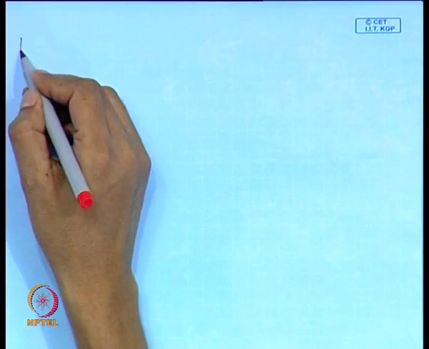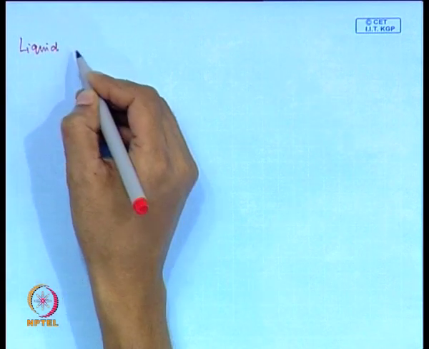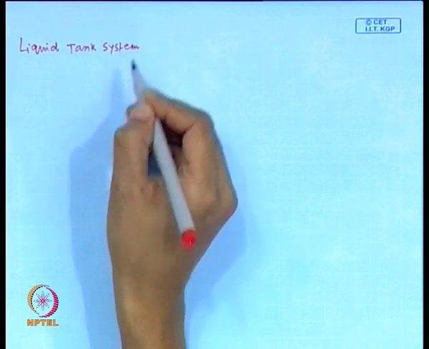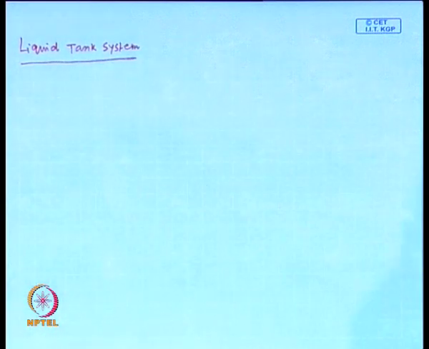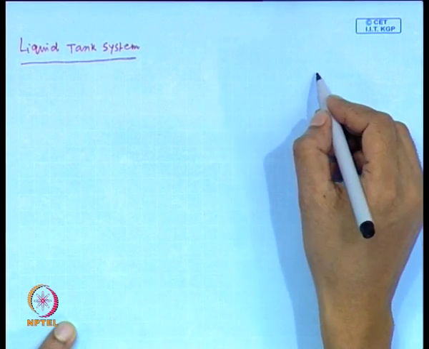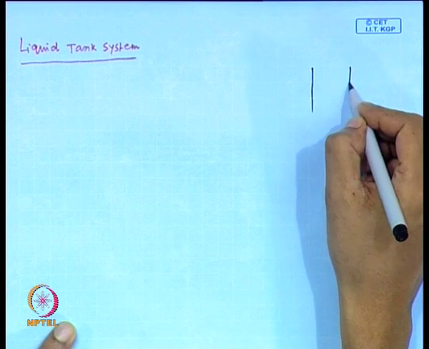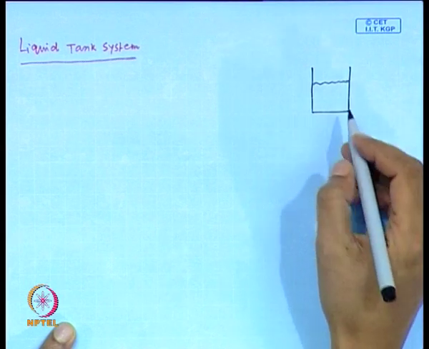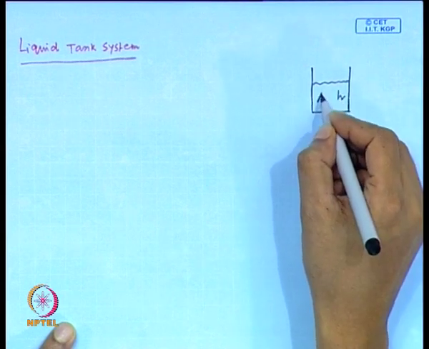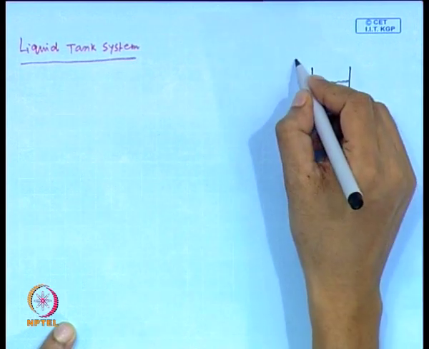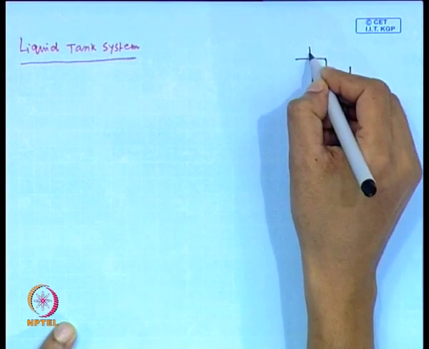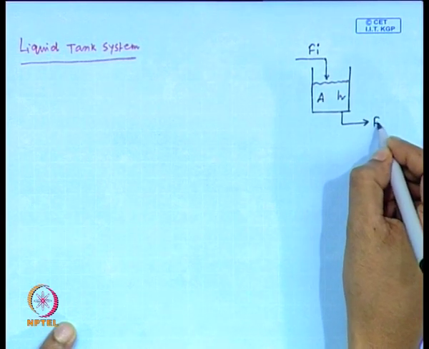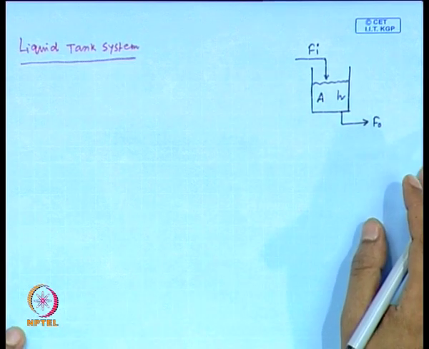So, we will consider the example of a liquid tank system. This is the schematic of the liquid tank system, with liquid height and cross sectional area of the tank, input flow rate F I and outlet flow rate F naught.